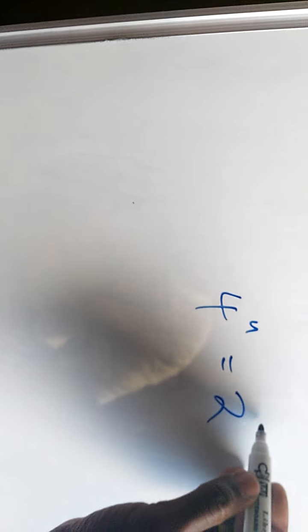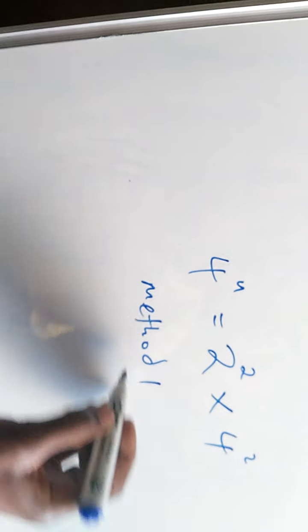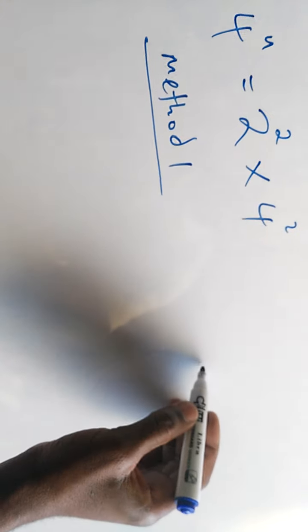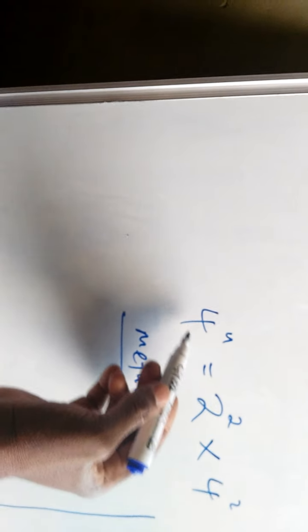There is this question. 4 to the power n is equal to 2 to the power 2 by 4 to the power 2. And so we can also use method 1 or method 2. We'll say we have 4's, they are common here. This is our 4, 4, 4.